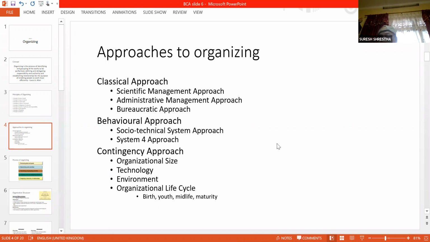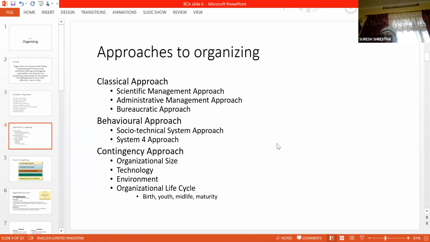You consider all the human behavioral aspects of the people working in the organization while you organize. And this system 4 approach is to make the organization a little bit more organic. Unlike the scientific management, make the system organic, more democratic, more participative. So that is the behavioral approach, because you are also considering the behavioral aspects of the people.